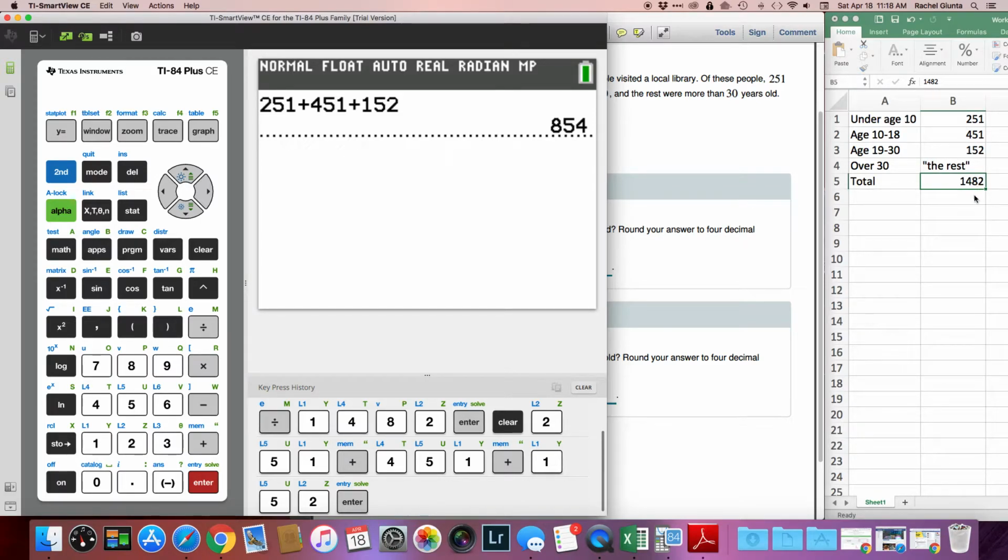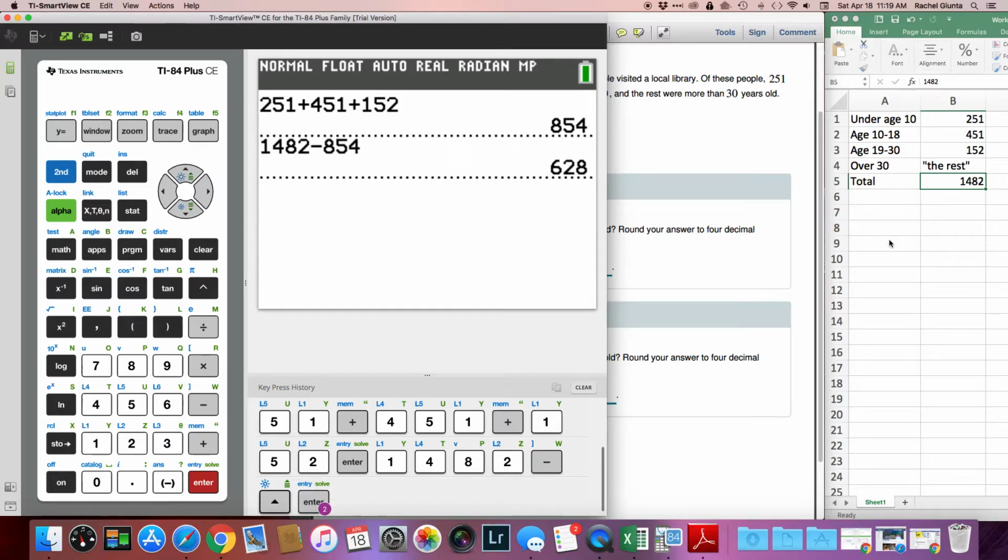And if the total is 1,482, then we're going to take that 1,482 and subtract the people we already know about, the 854. I arrowed up to grab that number so I don't have to retype it. And that gives us 628. So we can fill that in here, 628.